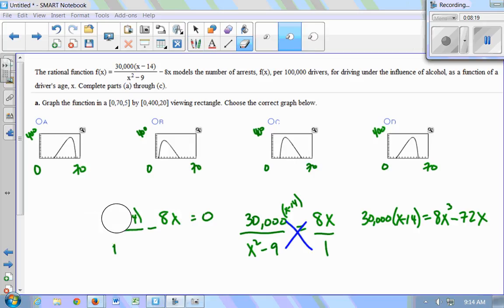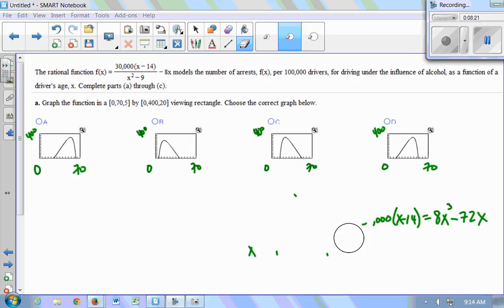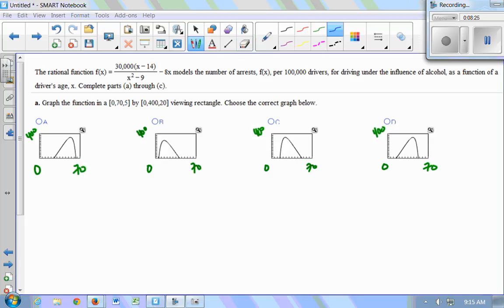Okay, so let's just forget all this. Let's see, option A goes from 0 to 70 by 5s, so 5, 10, 15, 20, 25, 30, 35, 40, 45, 50, 55, 60, 65, and this one is between 60 and 65.